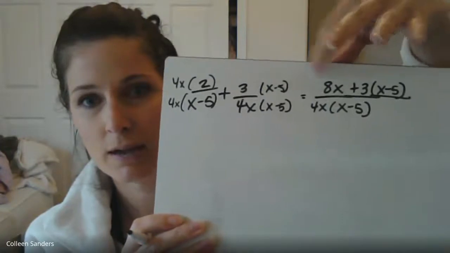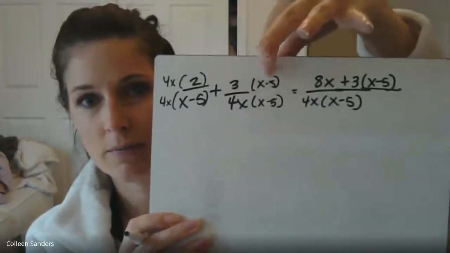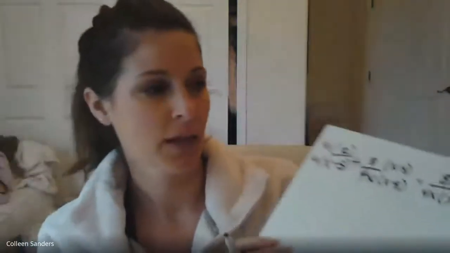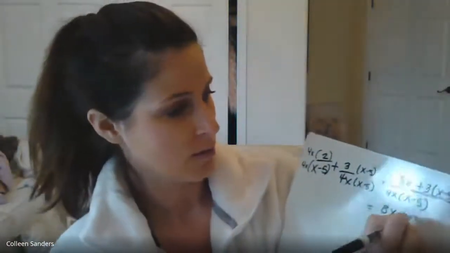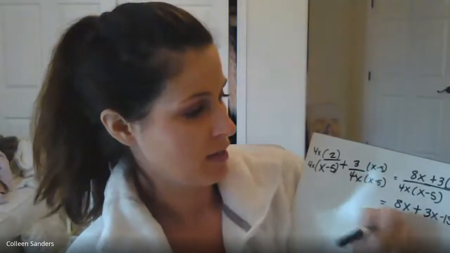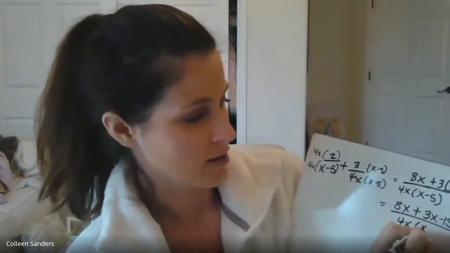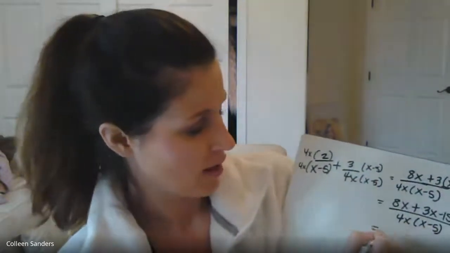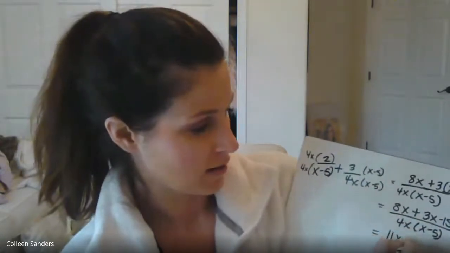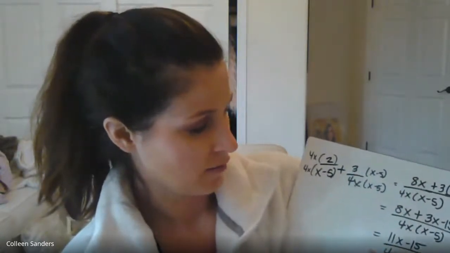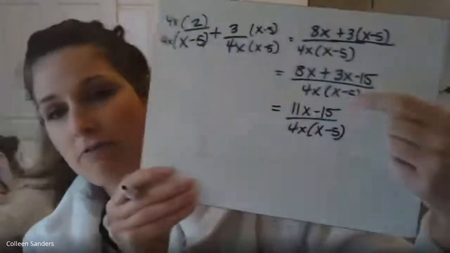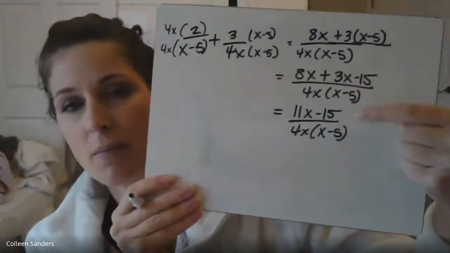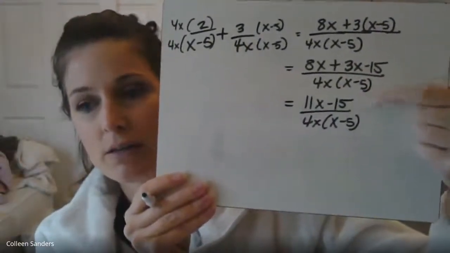But this will be 8x, and this 3 times x minus 5. So now I have to distribute that 3 on top. So that'll be 3x minus 15 over 4x, x minus 5. I'm just going to add those to be 11x minus 15 over 4x, x minus 5, like that. This you can't simplify. There's nothing I can factor out or simplify to the top and the bottom. So that's just it. That would be your final answer right there.